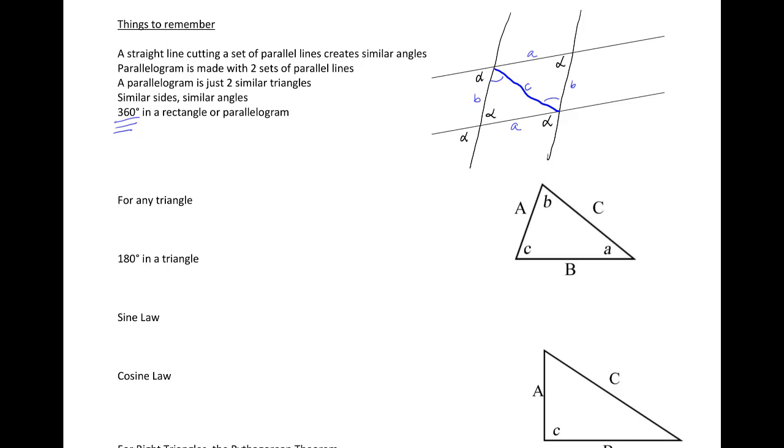Now for triangles, this is a common way of describing a triangle. For any triangle, we're going to say that there are internal angles, A, B, and C, and there are going to be sides opposite those angles, capital A, B, and C. We're not always going to be using those letters, but for right now, let's just suggest that side A is going to be opposite little angle A, side B is going to be opposite B, and C is going to be opposite C. There will be 180 degrees when you add all those together.